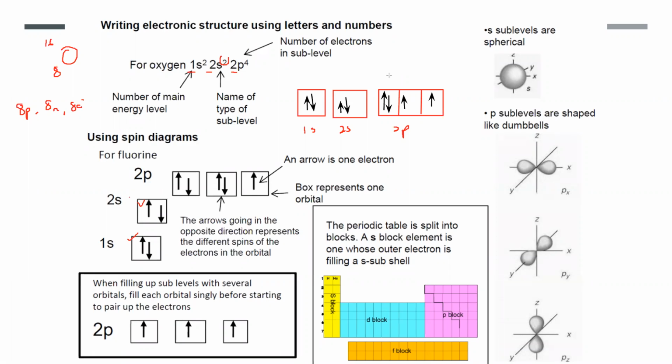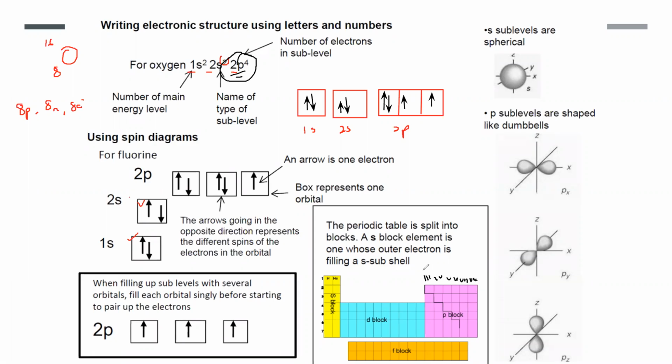Then the whole periodic table is actually divided into blocks depending on the subshells. For example, this is called a p block element. Why is it called a p block element? If the last electron is in a p shell, we call that a p block element. We can find the p block elements in groups 3, 4, 5, 6, 7, and 8.